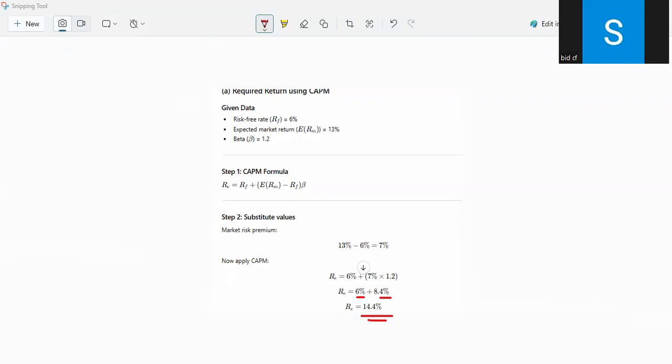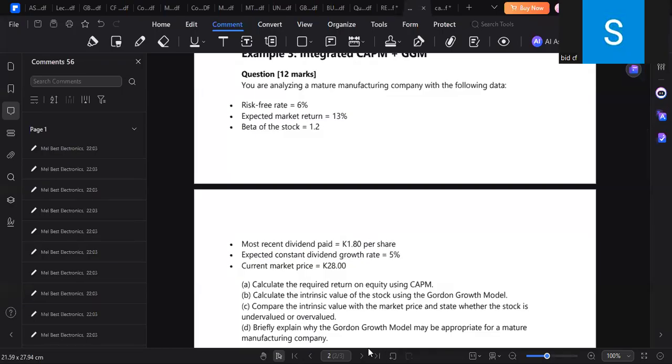Okay. So intrinsic value, who wants to try that one? How do we go to intrinsic value? What are we given for using the Gordon's model?